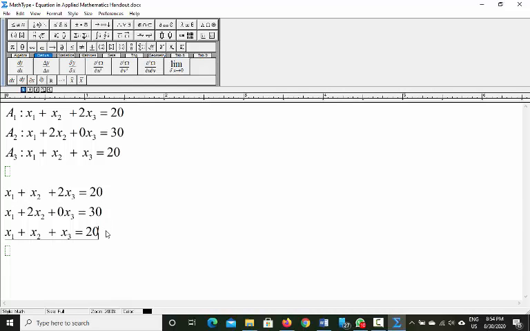You can easily solve this set of equations using Cramer's rule. In my previous video lecture, in the matrix algebra part 2 video lecture, I showed you how to solve a set of equations using Cramer's rule. Today I am going to show you how to solve a set of equations and find the values of the variables using the inverse matrix method.